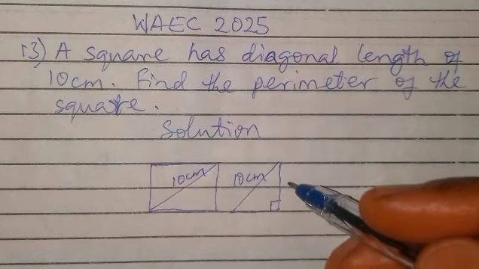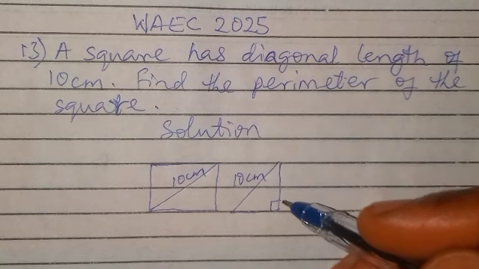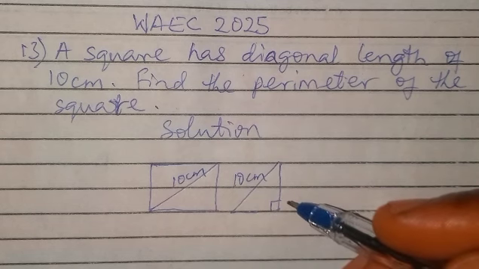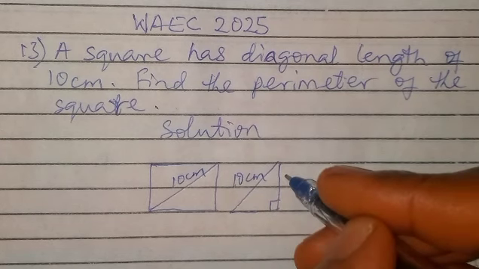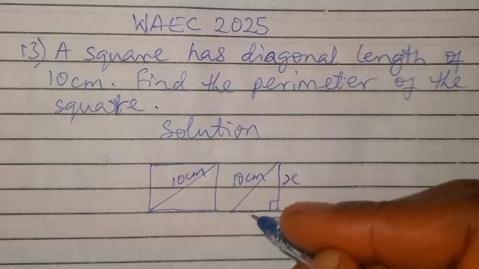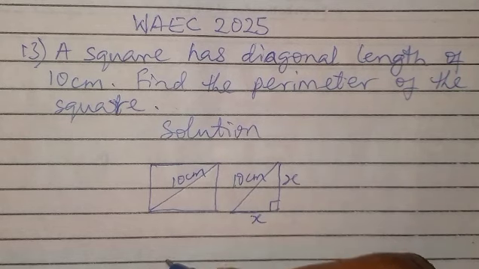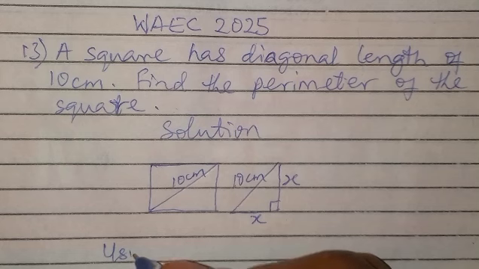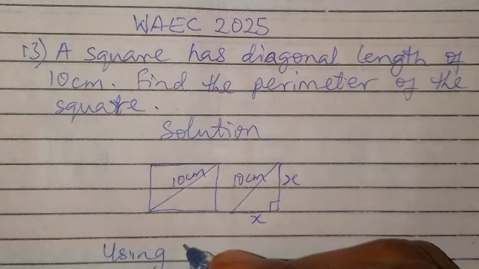But the side is not given to us, so first we are going to calculate the side of this square before we can get the perimeter. So let's call the side x. Let it be x. So we use Pythagoras theorem to get the sides.